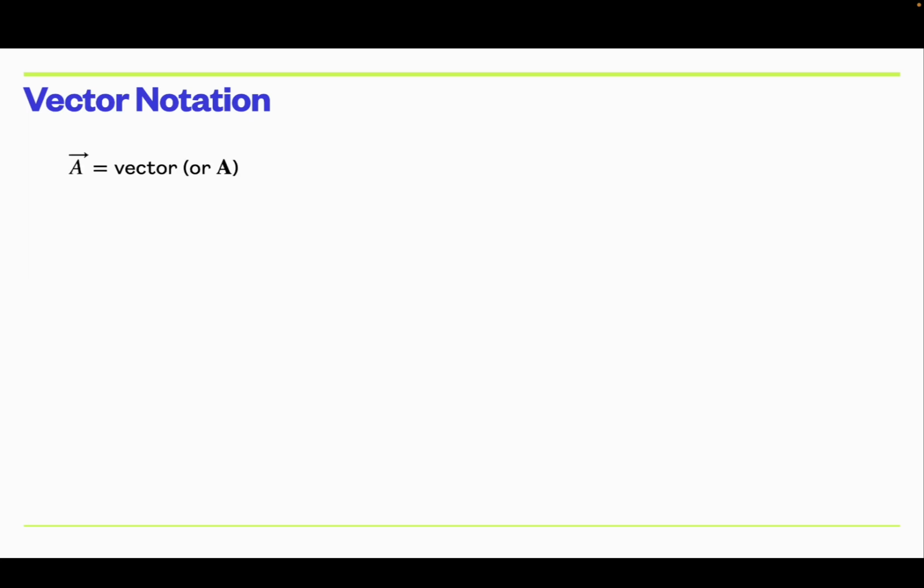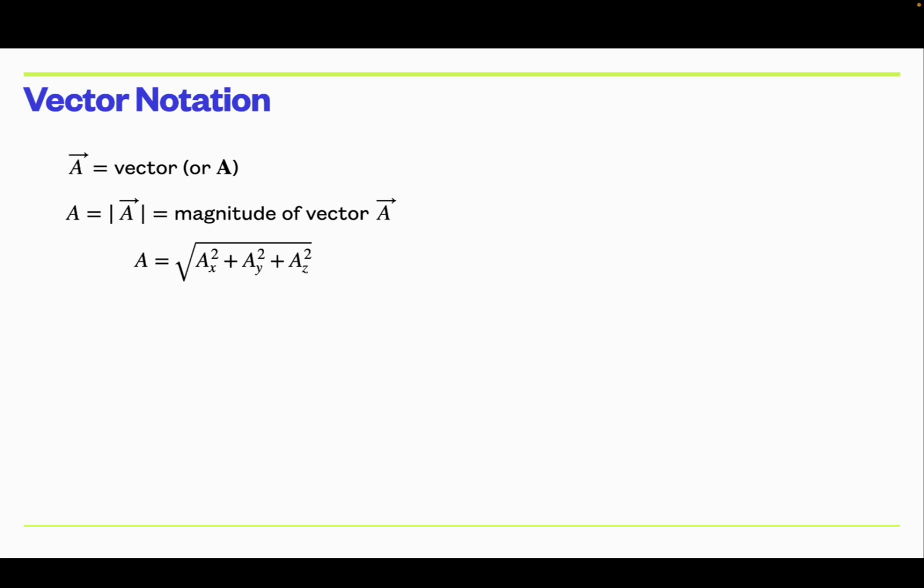So we'll write vectors as letters with little arrows above them, or occasionally just as a bolded letter, although in our lecture notes they'll almost always have an arrow above them.